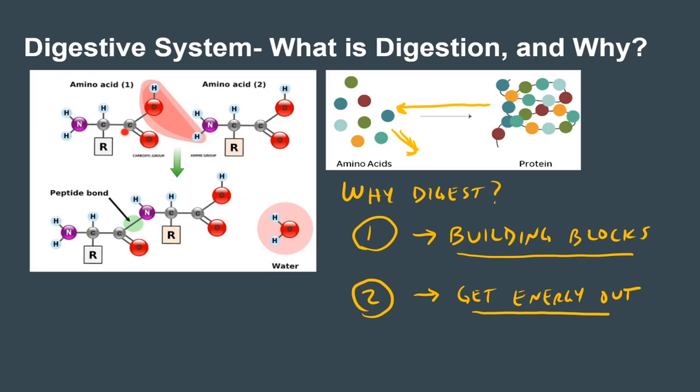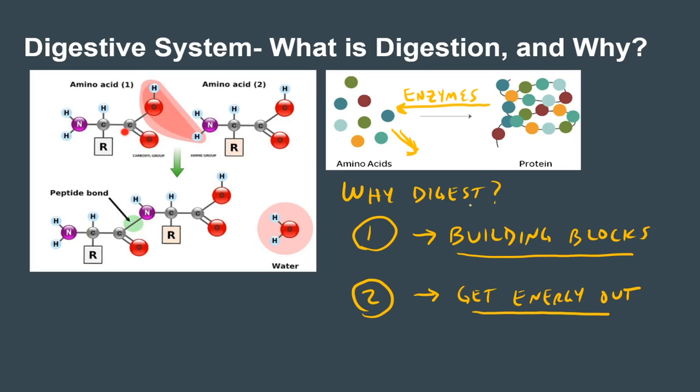Enzymes, you remember this stage where you're starting to break down molecules? You're starting to break them into their smaller building blocks. Guess who does that? Enzymes do that. They do the chemical reactions of breaking down the big molecules into their building blocks, so that you can get the building blocks and the energy out of that.